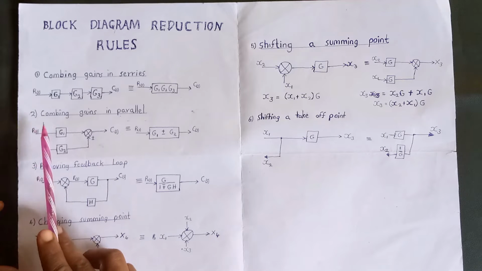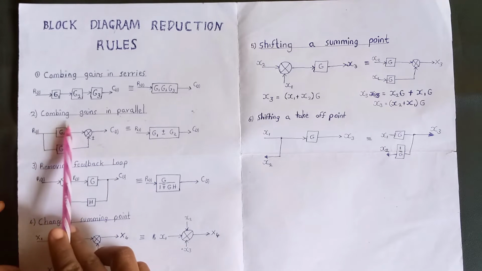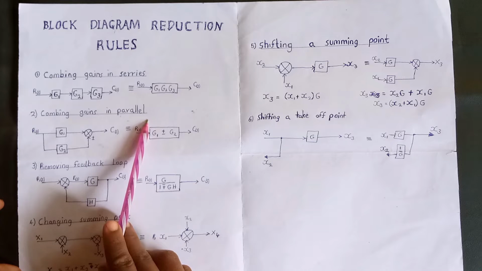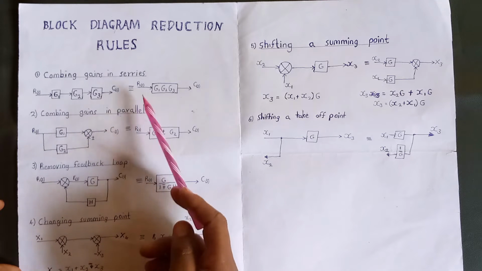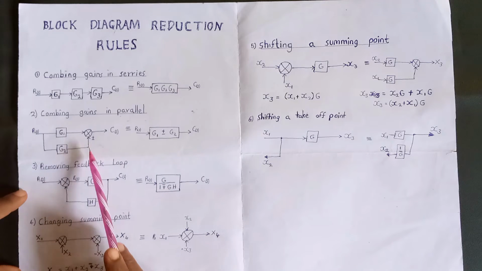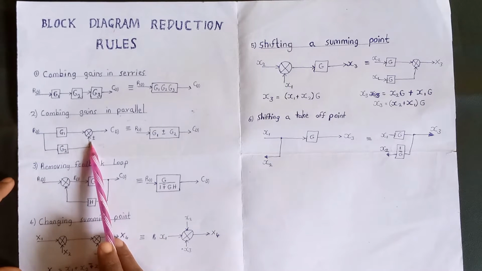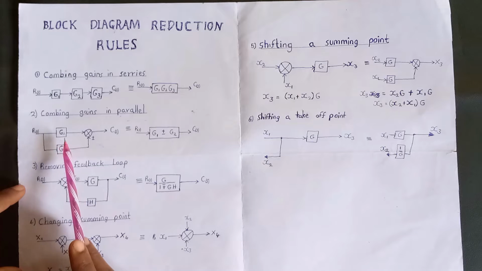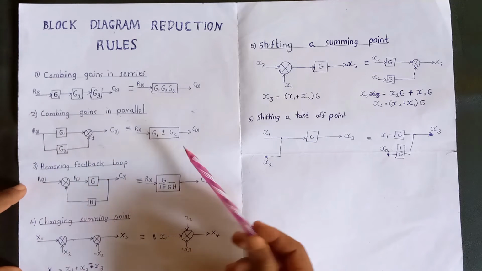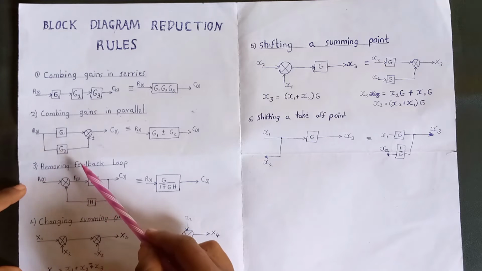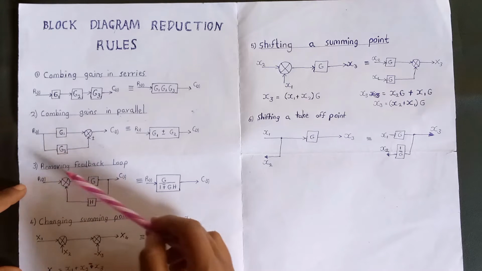Now, the second rule is combining gains in parallel. Note the difference between parallel and series is that for a parallel there is a summing point. So at this point where we have parallel gains, it is equivalent to getting the sum of the two gains.